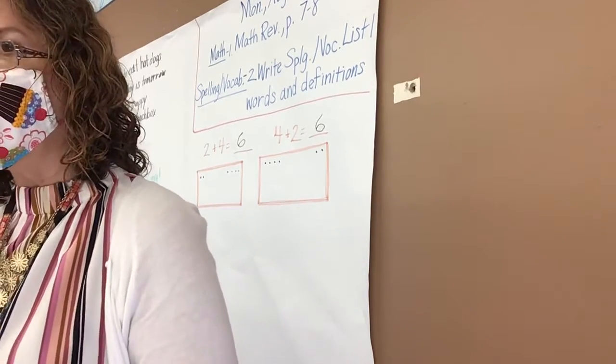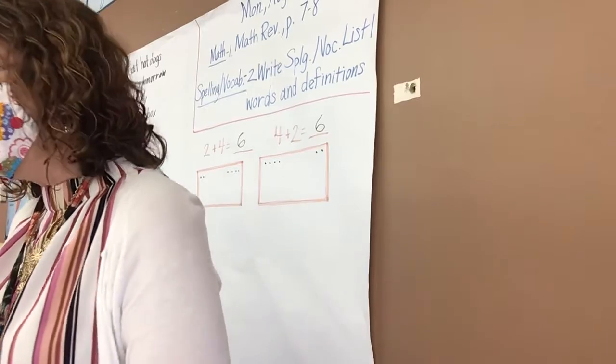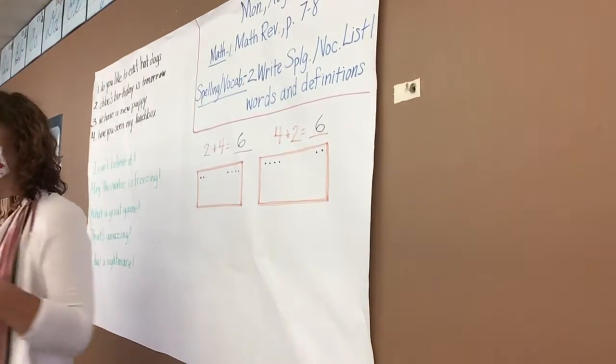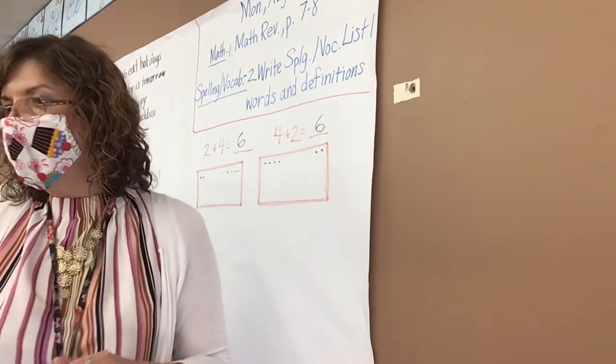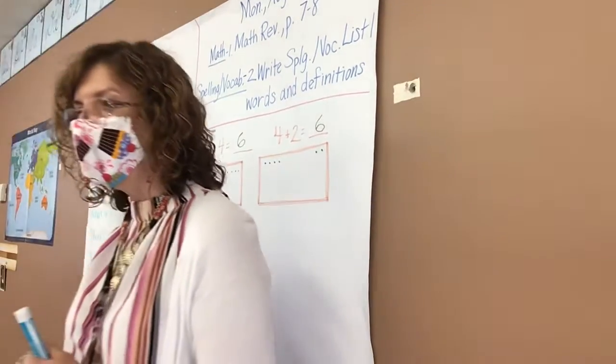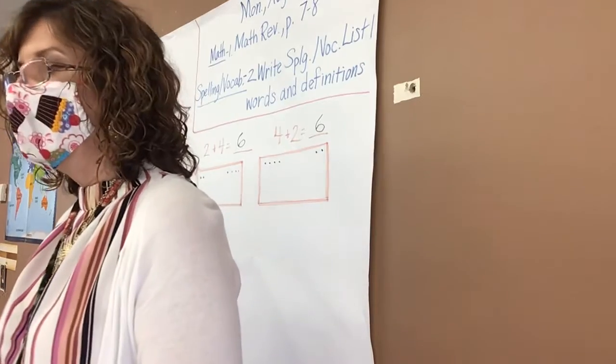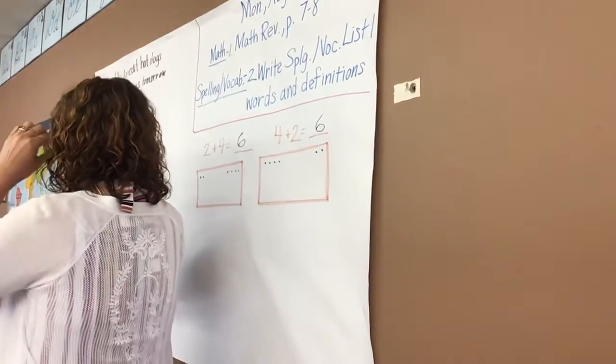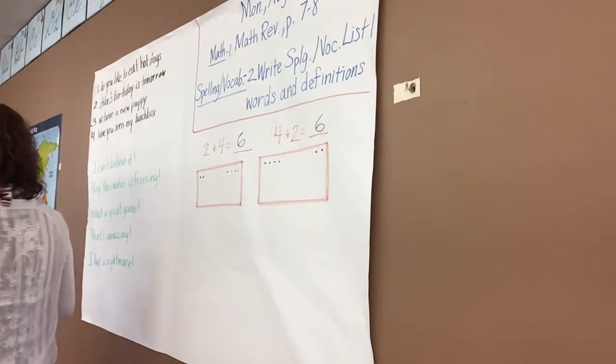And stay with me. All right, last one is 8 plus 4. 12. And then right below it, switch the addends, so you're going to write 4 plus 8. And that's still 12.